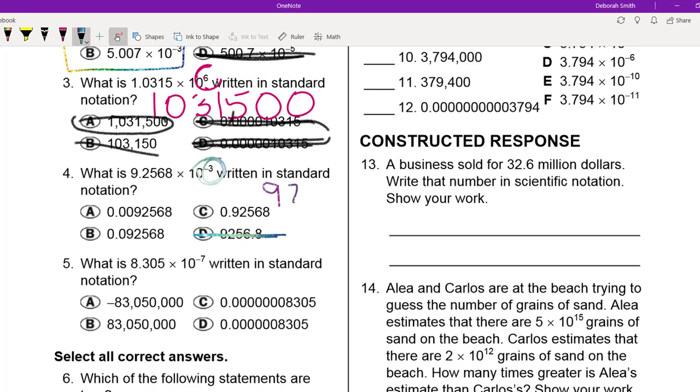So I've got 9 and 2 and 5 and 6 and 8. I'm going to take the decimal from here. There's once, twice, 3 times. Put the decimal, you can put a 0 for the ones place, and the number that matches that would be this one.